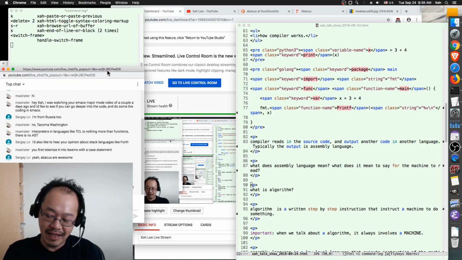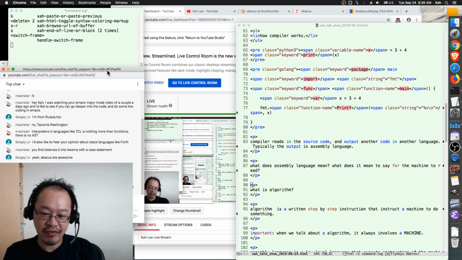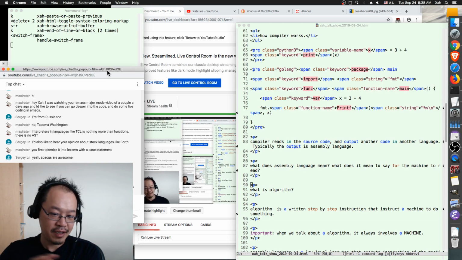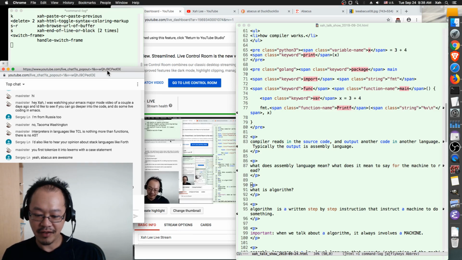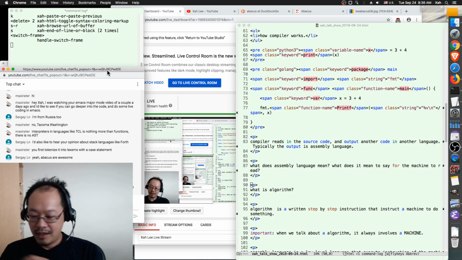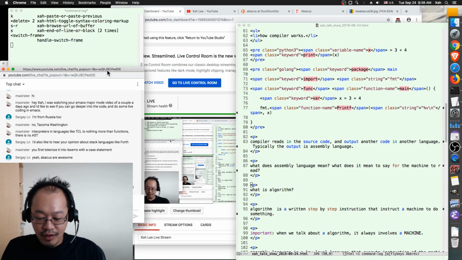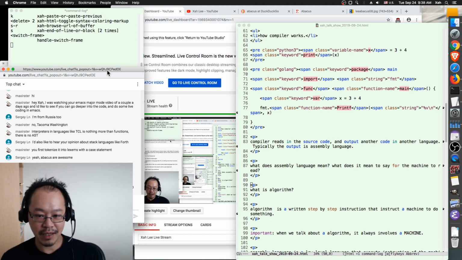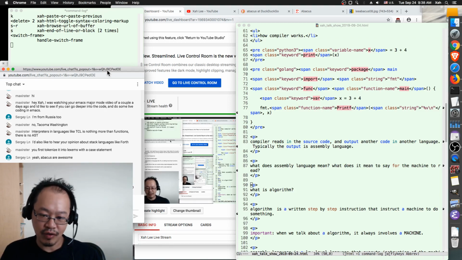That is a machine, because without a machine you don't have algorithms. Because remember, if you look up a definition of algorithm, the definition is basically step by step instruction to do something. You cannot do something if you do not have something to do it with. If you are cooking, you have a recipe, you need ingredients, you need the cookware, you need the stove, you need a fire. That's the machine.